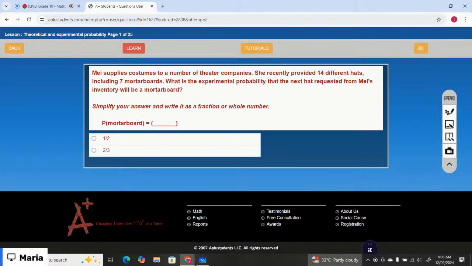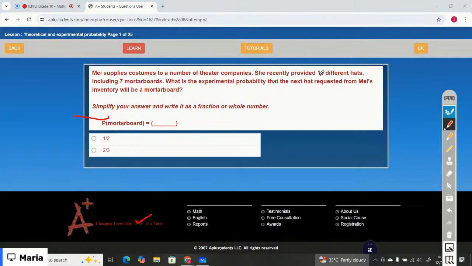Okay, so the probability that the next hat requested from May's inventory will be a mortar board. You need to calculate the probability of the mortar board. So the total hats they provided are 14, right? Out of 14, 7 of them are mortar boards, right? So when you simplify, that is 1 over 2.